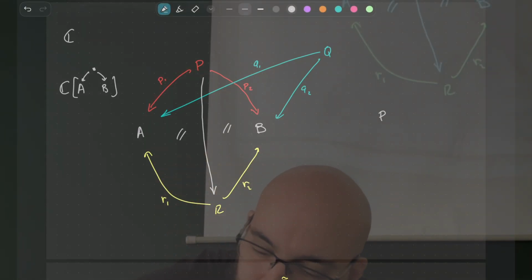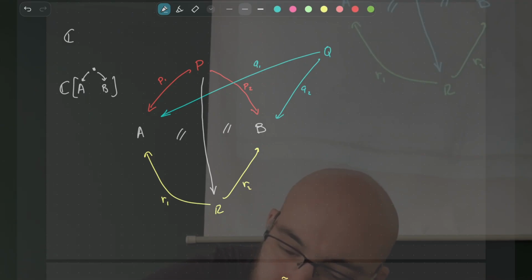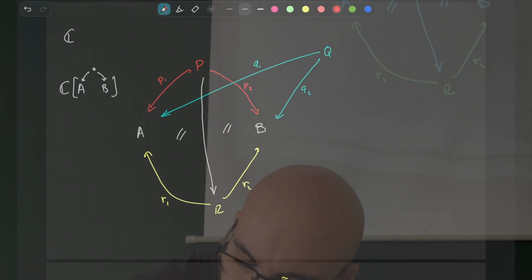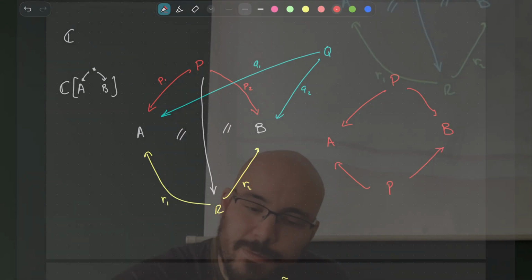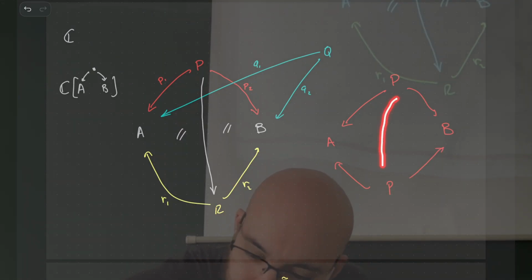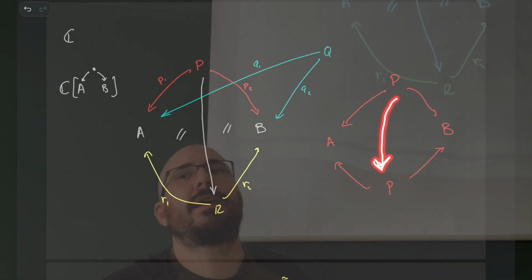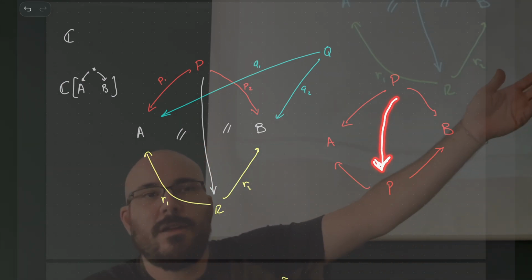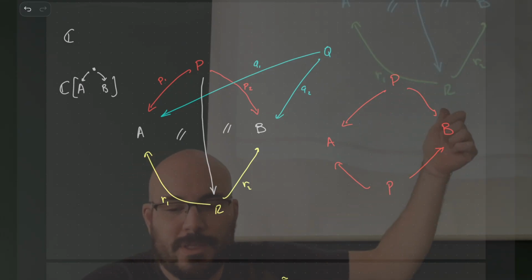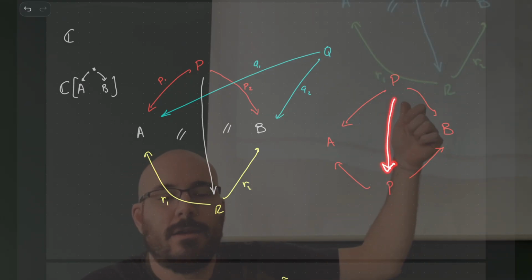It means that I have this red thing here that goes from A and B, and I have itself as well. And I'm wondering if there is an arrow here that behaves the way it behaves. First of all, why is there an arrow from here to here? Yes?